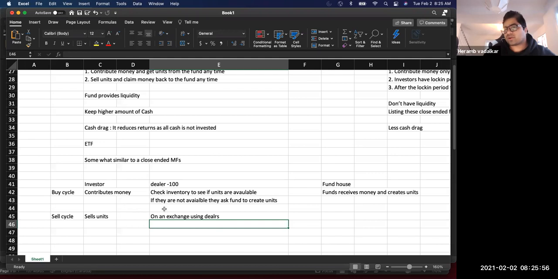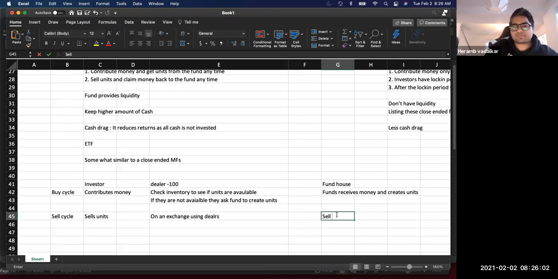If the buyer is not available, they will put a request to the fund house to sell investments and provide money.